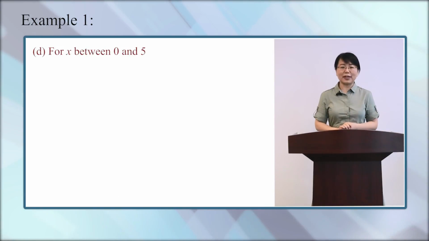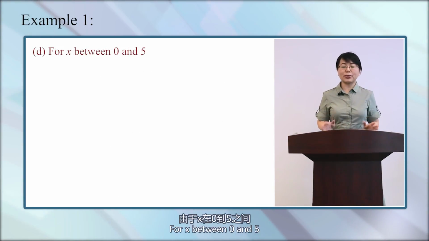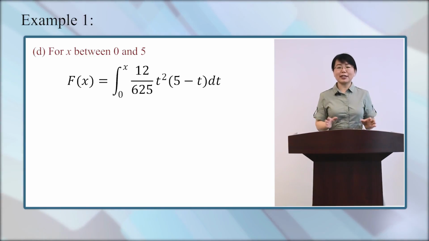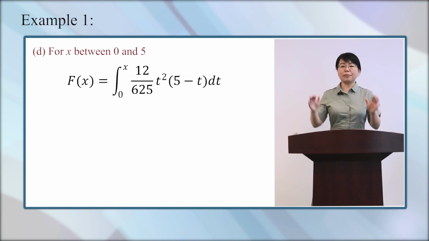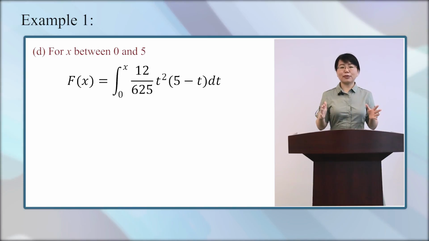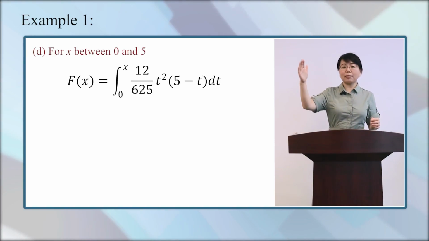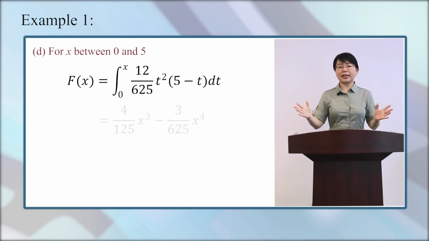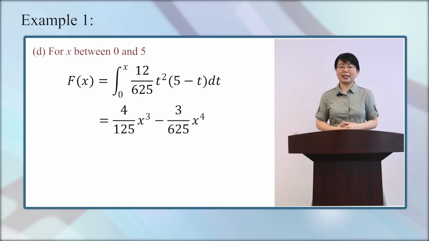Now let's see the fourth one. For x between 0 and 5, the accumulation function is equal to the definite integral of the PDF on the closed interval from 0 to x. Remember that because the upper limit is x, this definite integral leads to a function.